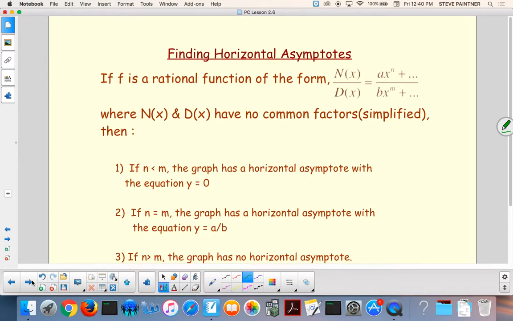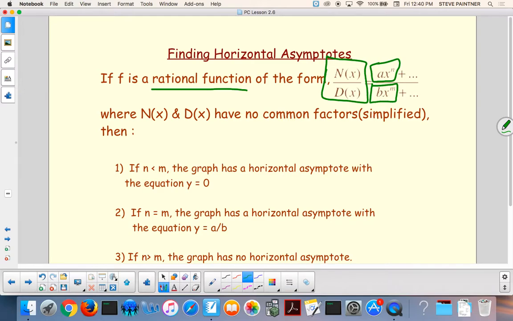Okay, now we go into horizontal. Horizontal would be right here. If your function f is a rational function of the form n of x over d of x, these are polynomials, and when you look at a polynomial, all you care about is the highest degree of x and the coefficient in front of it.